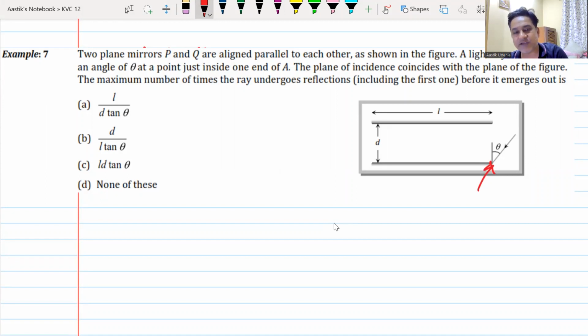What is the maximum number of times the ray undergoes reflection, including the first one, before it emerges out? This is based more on geometry rather than anything else. I'll give you a minute to think about this one and tell me how you can do this.